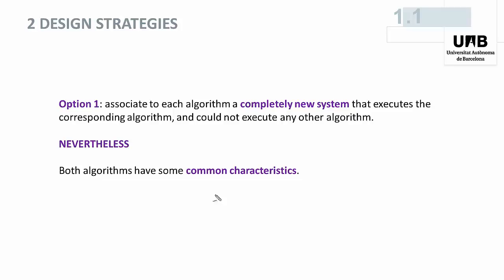A first option is to associate to each algorithm a completely new system that executes the corresponding algorithm but could not execute any other algorithm. The way this first option can be considered is, up to a certain point, the main topic of this course. Nevertheless, both algorithms have some common characteristics.